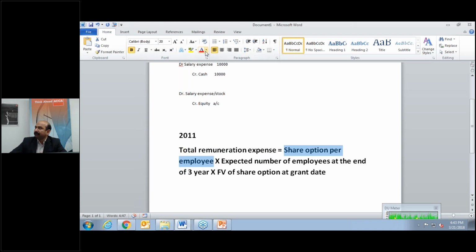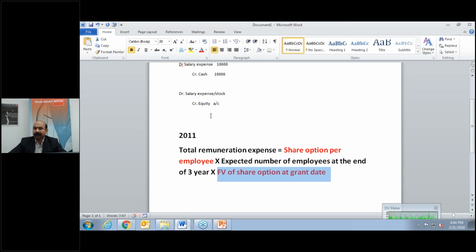So this will remain the same, constant. This is also constant, assuming subsequently there is no change. Because subsequently we shall be discussing modification, cancellation, addition, deletion, things like this. We are assuming that nothing will happen to this option subsequently.